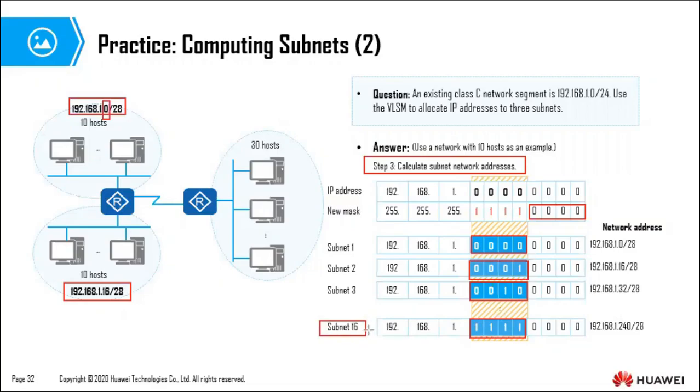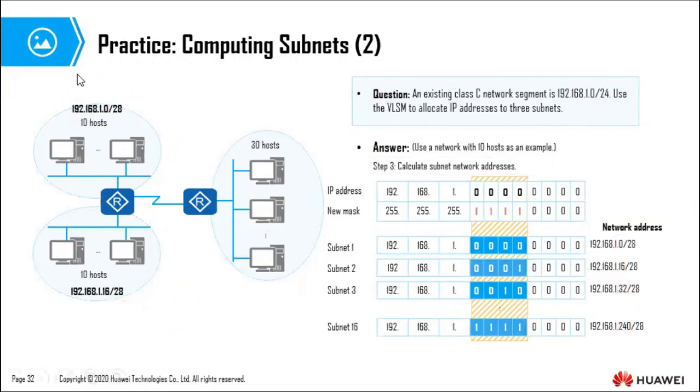And each subnet is giving us 16 addresses. So the first network address is going to be 0. Then plus 16, plus 16, plus 16, all the way to 240. Yeah, so that is how you find the network address of each subnet.